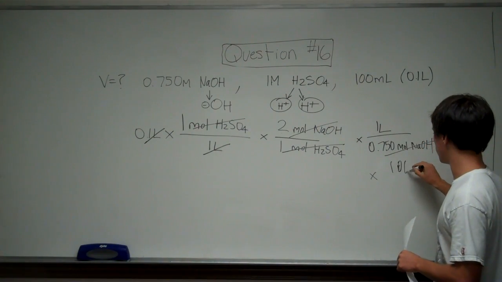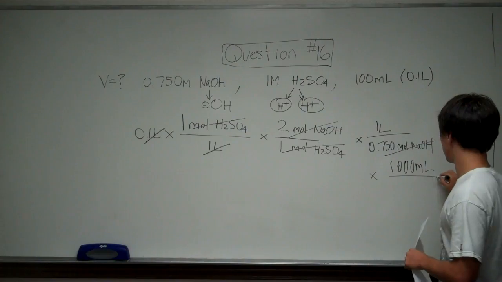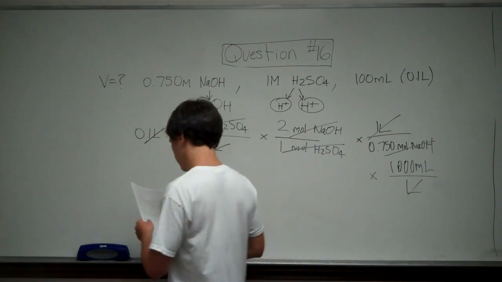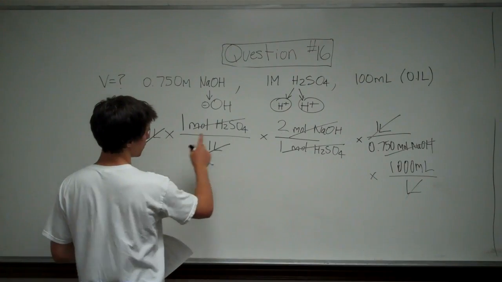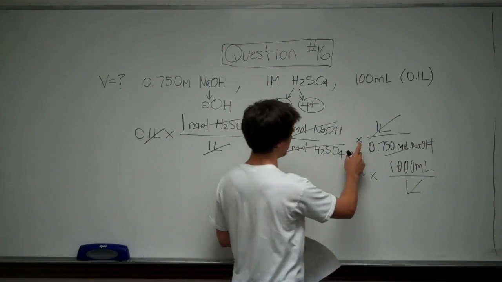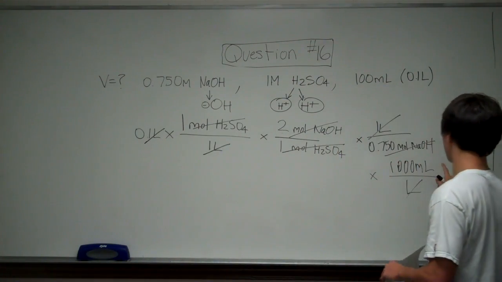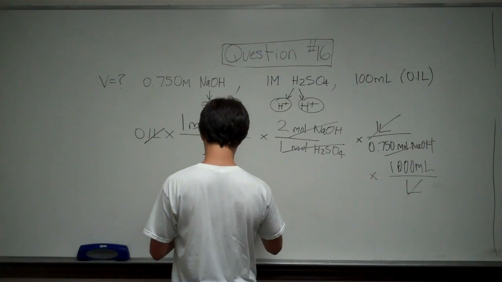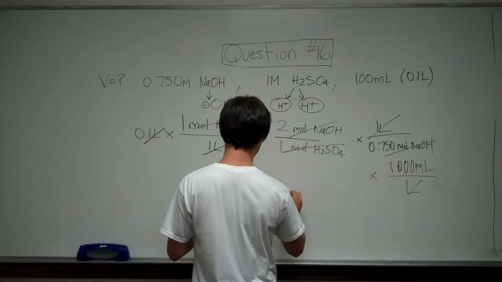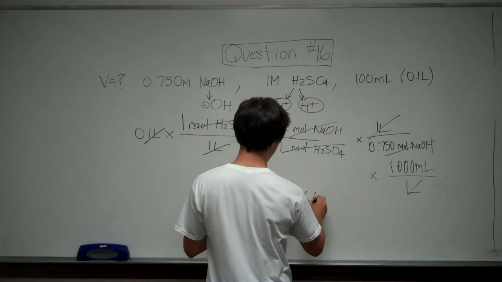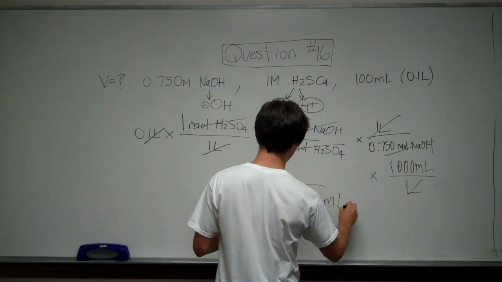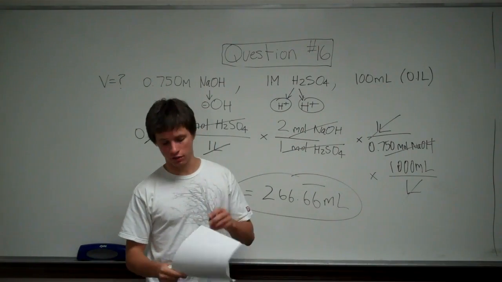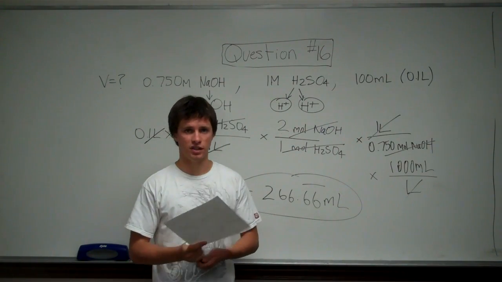So multiply that by 1,000 milliliters per liter. The liter cancels out. So your answer is going to be 0.1 times 2 divided by 0.750 times 1,000. You punch that in your calculator, and you're going to get 266 point repeating sixes milliliters, which is closest to answer 5 on your test, which is 267 milliliters.